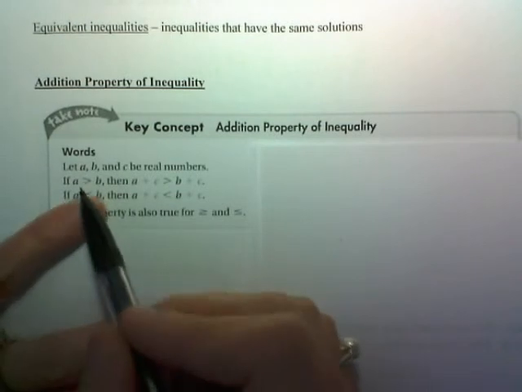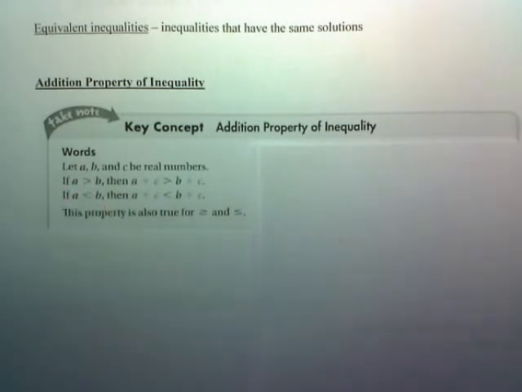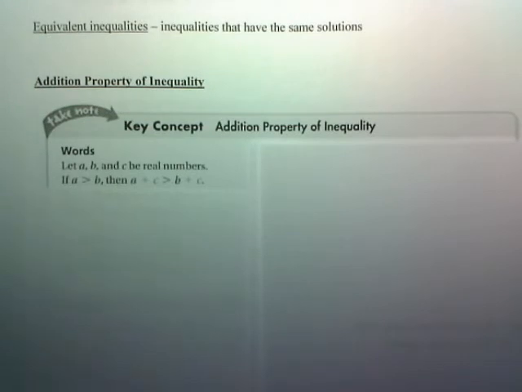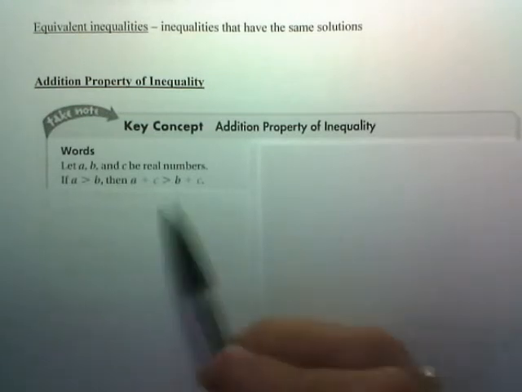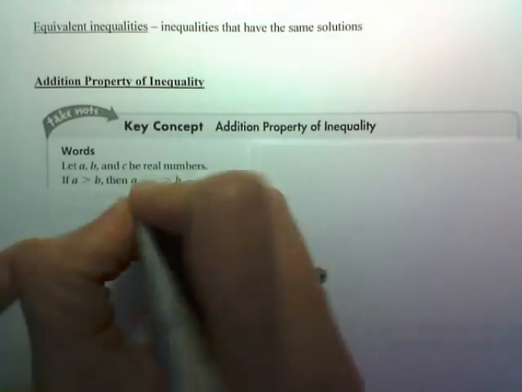And what they've said here is that if A is greater than B, so actually let's just move this up so that we aren't looking at too much at once. If A is greater than B, then A plus C is greater than B plus C. So I'm going to rewrite this here in red.